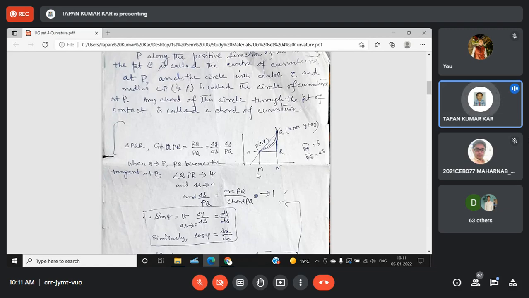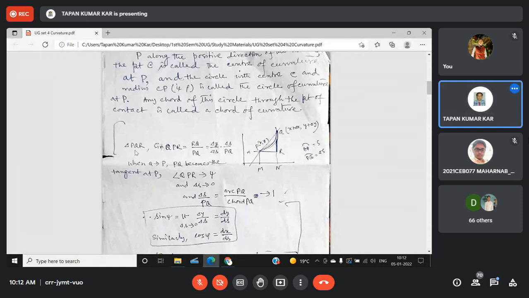And if you draw a tangent at the point P, it makes angle psi, and a tangent at the point Q makes angle psi plus delta psi. Okay, now forget about those.